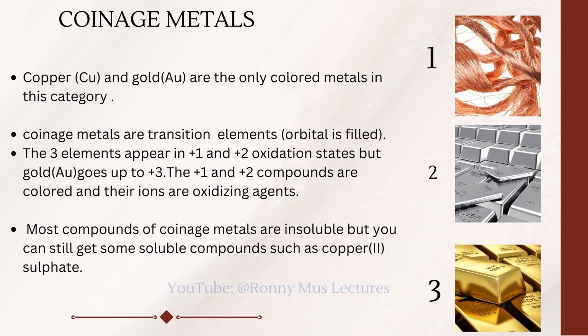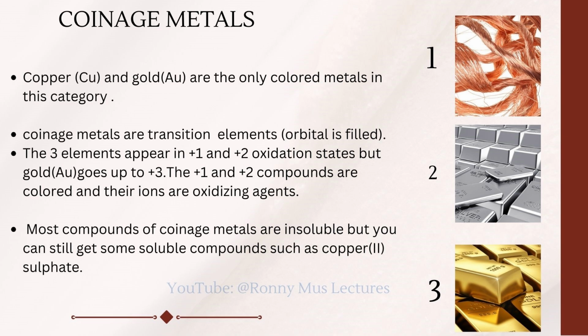Copper and gold are the only colored metals in this category, and coinage metals are examples of transition elements, whereby we usually define transition elements as elements which have partially filled d orbitals in their atomic or ionic forms.